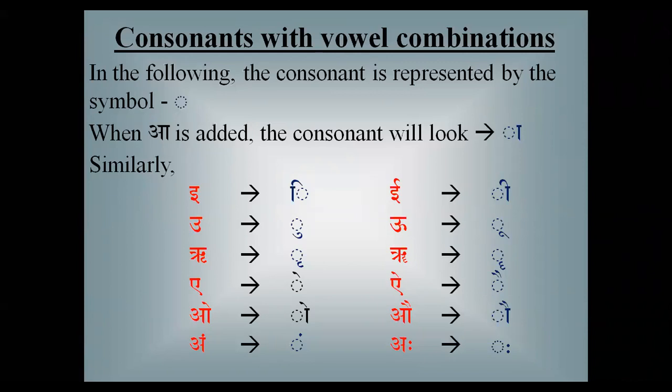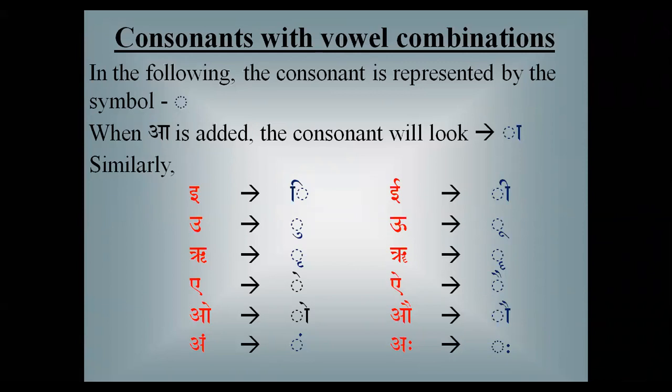And what about am and aha? You put a dot at the top of the consonant. That is the vowel symbol for am, and for aha a colon, the visarga, will come to the right of the consonant. So these are the vowel signs.